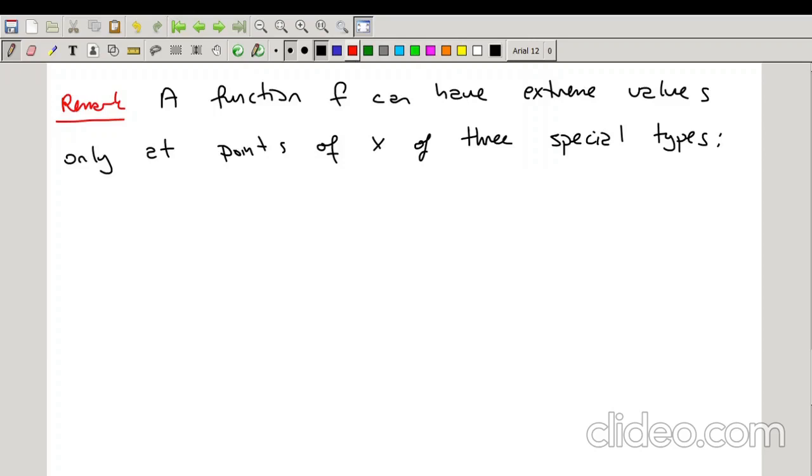The first type of points are called critical points of f.